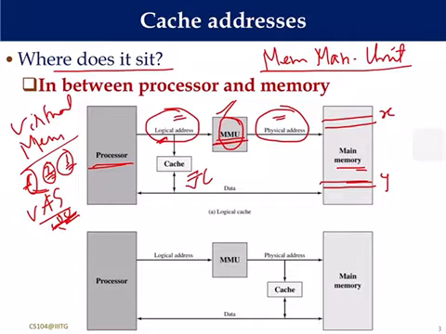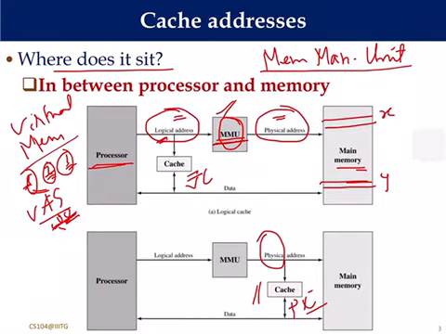Now, coming to the second part of the diagram, if the cache is placed after the MMU, then it works on physical addresses. This organization of cache is called a physical cache, or physical address cache.